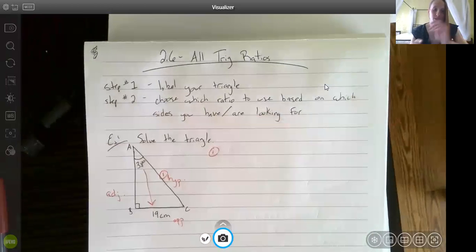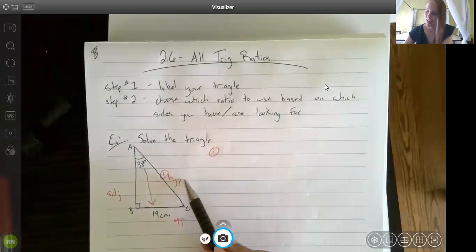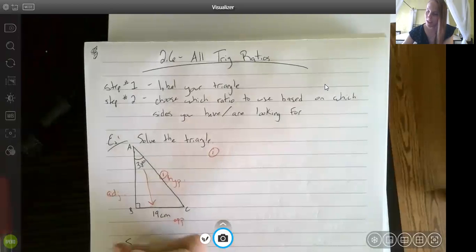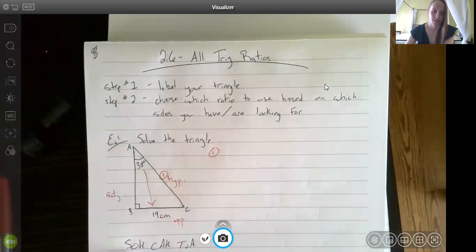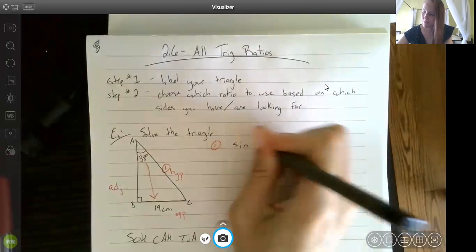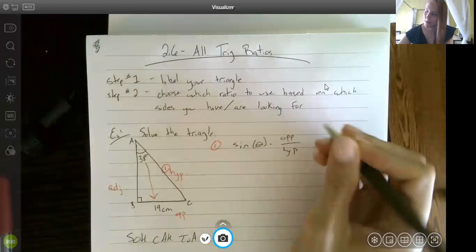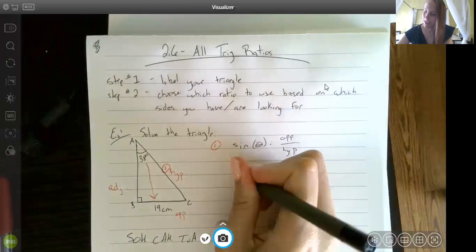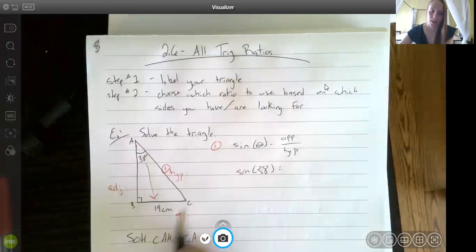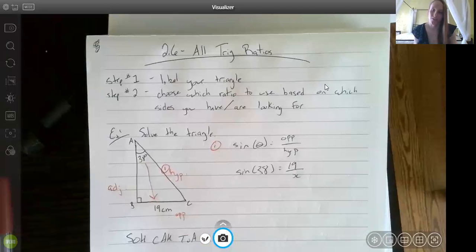And so in order to do that, because I have the opposite and I'm needing the hypotenuse, according to my SOHCAHTOA, when I have the opposite and need the hypotenuse, I use sine. So the sine of the angle is opposite over hypotenuse. I'm going to plug in my angle of 38 and my opposite side of 19, and then I need to solve for x.